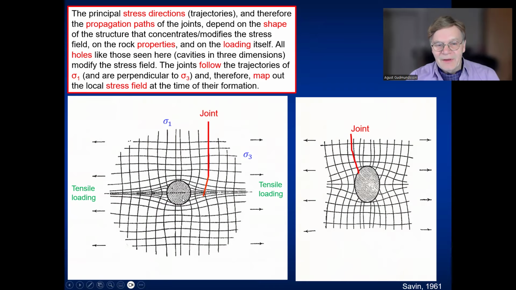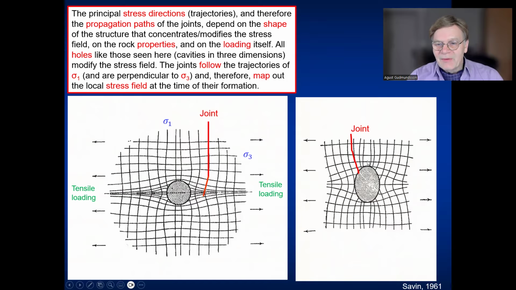Here we have a circular hole under tension, with the tensile loading in this direction. Then the maximum compressive stress would have these trajectories, these directions here. So if a joint formed here, it would follow these curved paths close to the circular hole.